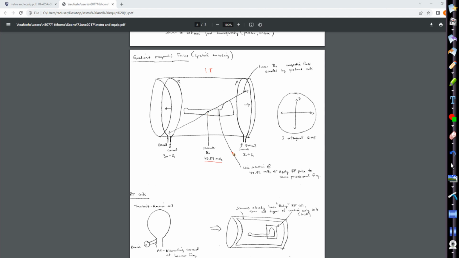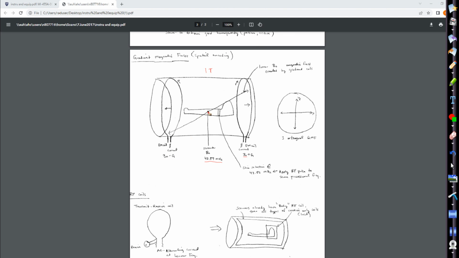So this number is still going to be 42.57, but then when you apply the gradients, remember you're pumping current clockwise down at the head, counterclockwise down at the feet, and it creates this linear slope. When that happens, you get the static magnetic field plus whatever that gradient slope is and how much it's changed it on this end.